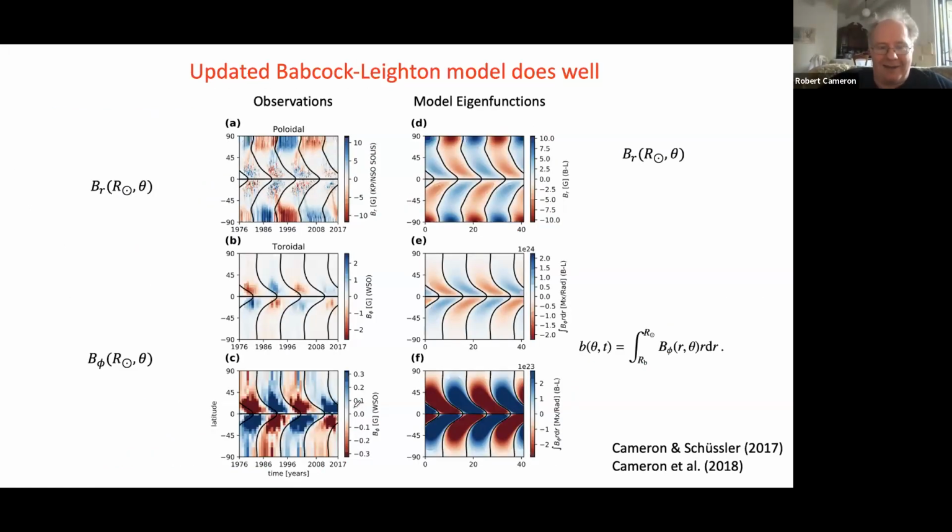Regardless of where Joy's law is coming from, we can just put it into the model, and when we do this, we then have a complete dynamo model, and the eigenfunctions of the model, it's a linear model, at least resemble the observations.